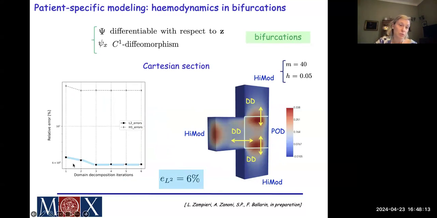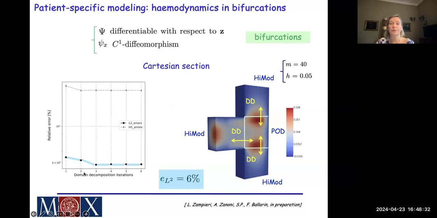While this plot shows the trend of the relative error across the domain decomposition iterations, so it can be realized that for both the L2 and the H1 norm the error very quickly drops and stagnates in a few iterations.